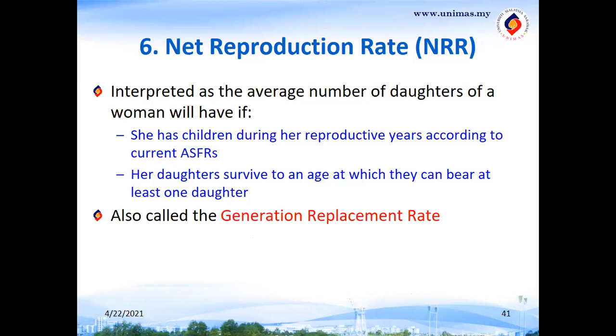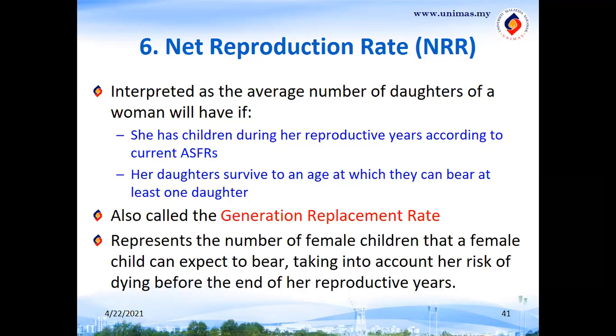Generation replacement rate, and it represents the number of female children that a female child can expect to bear or to have, taking into account dying. Ya, jadi ini mengambil kira lah risiko kematian sebelum mencapai ataupun sebelum the end of her reproductive years, sebelum umur 44 tahun, atau sebelum 45 tahun. Okay, so generation replacement rate ataupun net reproduction rate tadi.